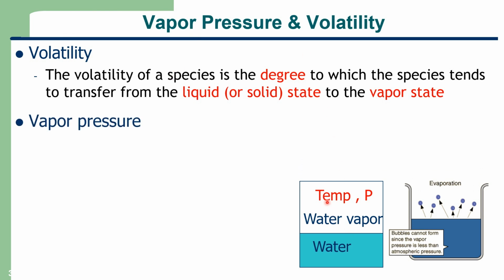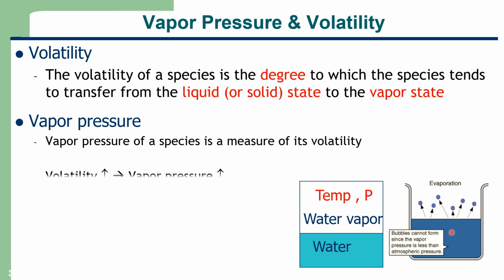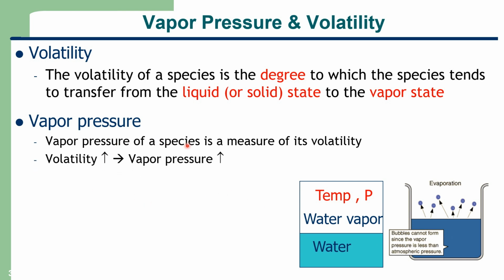So we are playing with temperature and pressure with the substance. The vapor pressure of a species is a measure of its volatility. So the higher the volatility, the higher the vapor pressure.